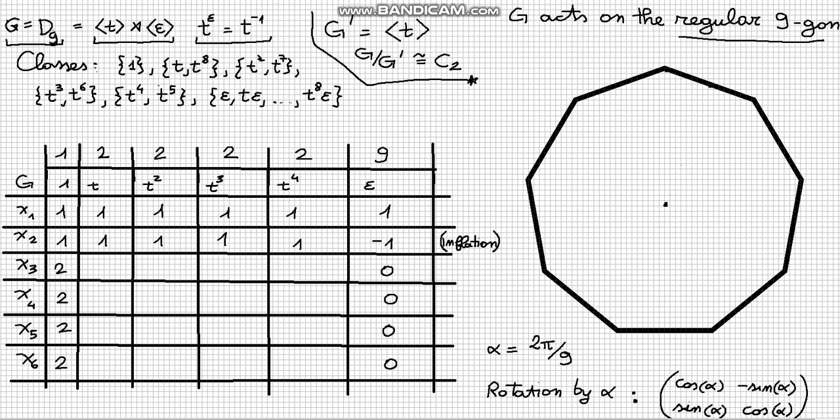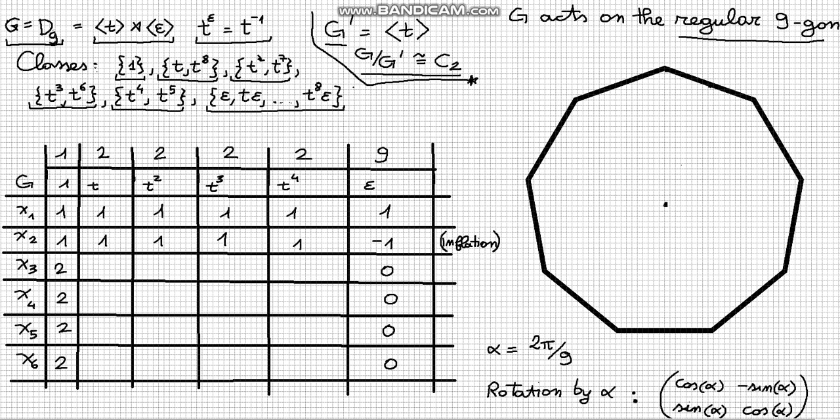Now, the conjugacy classes are easy to compute, and they are listed here. You have the trivial class, and all the classes contained in the subgroup generated by T have size 2, and they consist of the element and its inverse. Then you have the class of epsilon, which has 9 elements, which are all the other elements apart from the powers of T. Now the derived subgroup is generated by T, so the abelianization is C2.